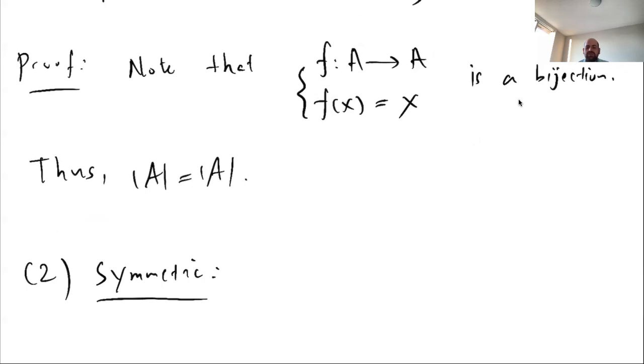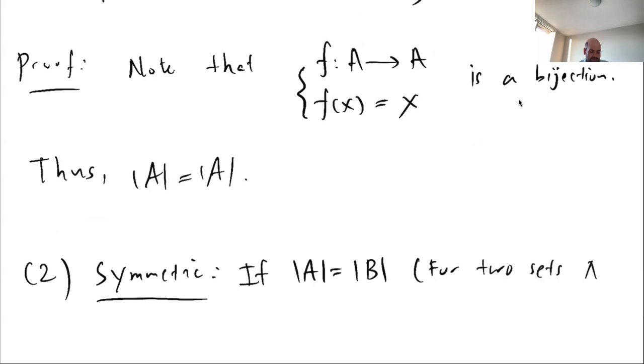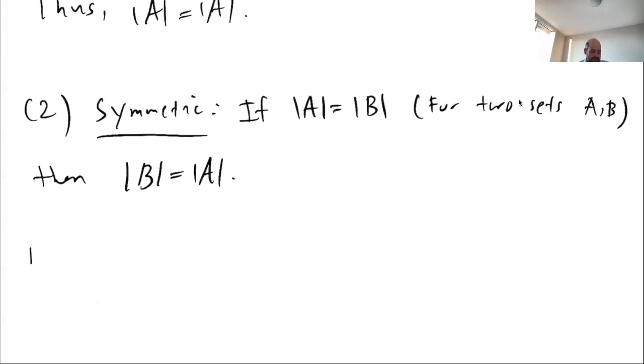It means that if cardinality A equals cardinality B, then cardinality B also equals cardinality A. So if cardinality A equals cardinality B for two sets A and B, then cardinality B equals cardinality A. How can we prove this?